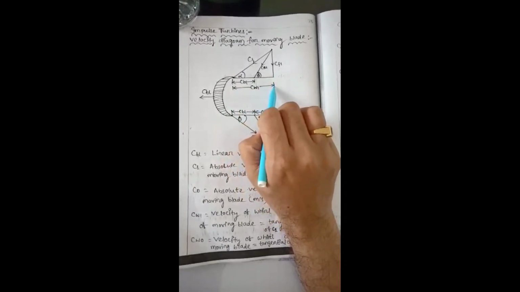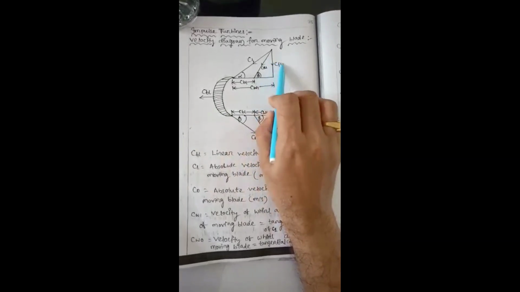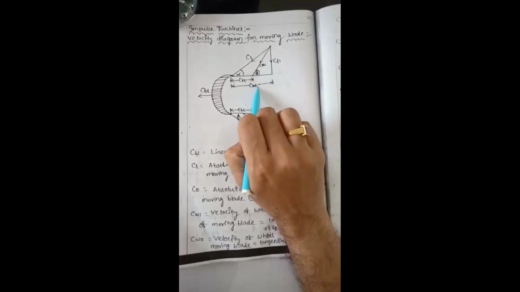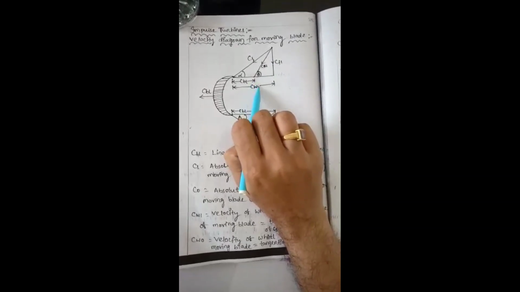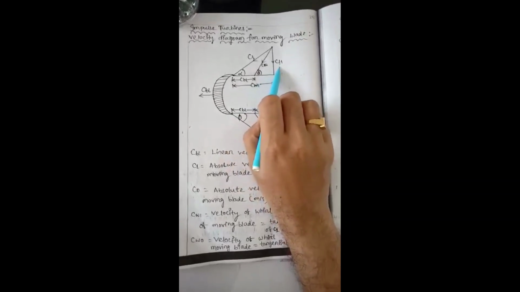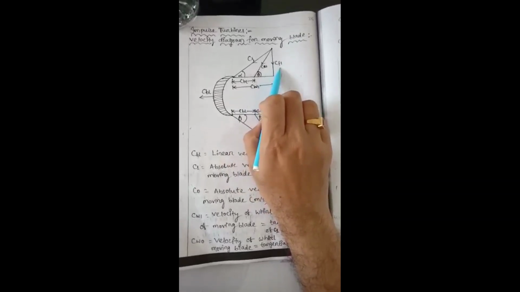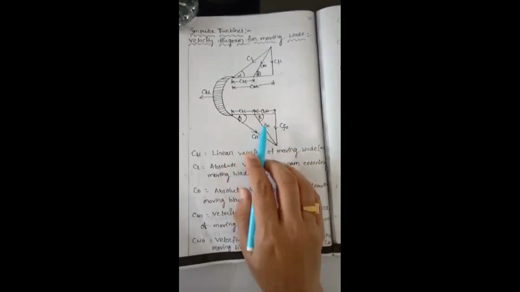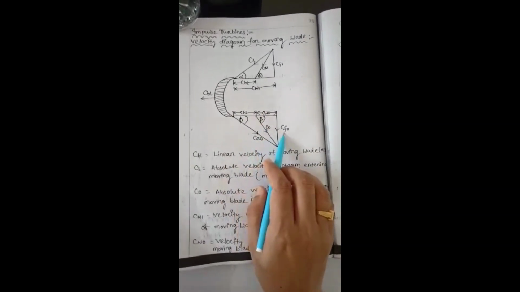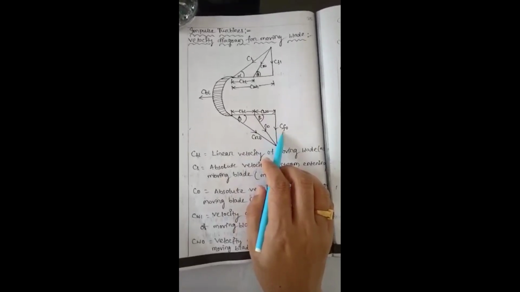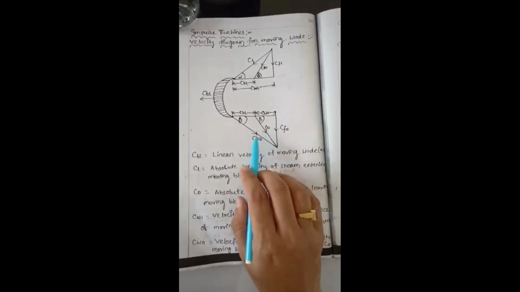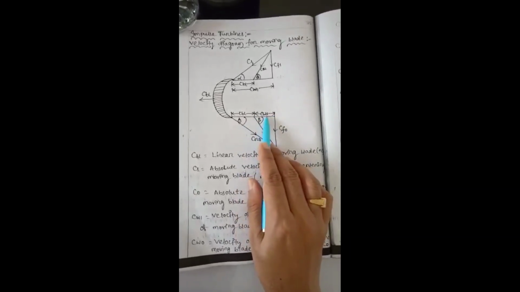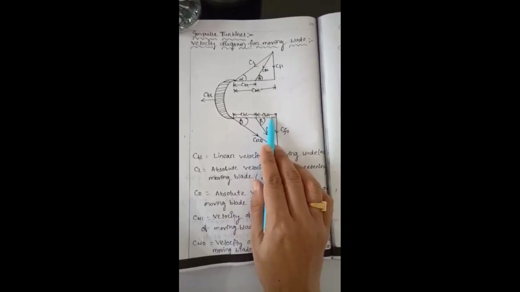CW1 is the tangential component, and CF1 is the axial component. The tangential component is also known as the velocity of whirl, and the axial component is known as the velocity of flow at the entrance of the moving blade. Similarly, in the outlet triangle, CF0 is the velocity of flow at the exit, and CW0 is the velocity of whirl at the exit.